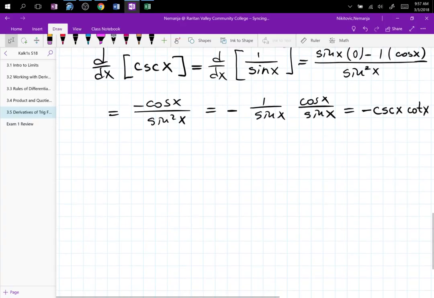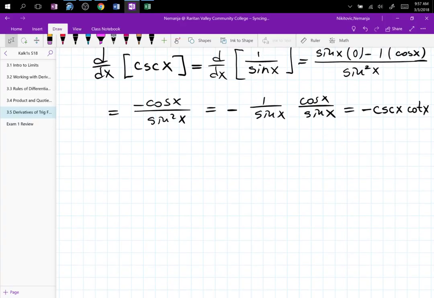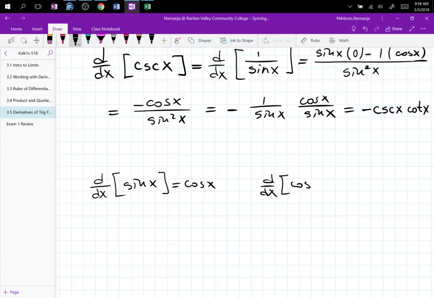So let's write all 6 in one spot and see the cool ways of remembering all of this stuff. The derivative of sine x is cosine x, and the derivative of cosine x is negative sine x.